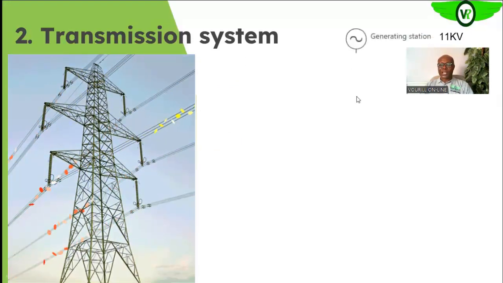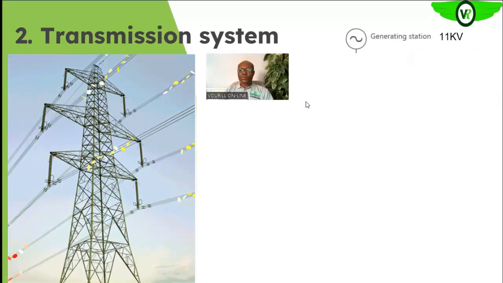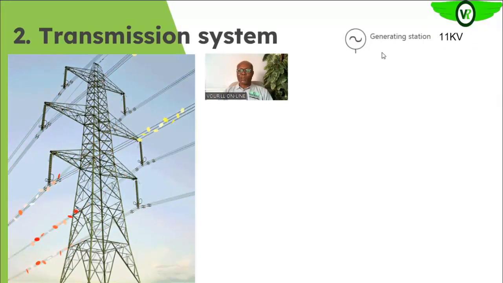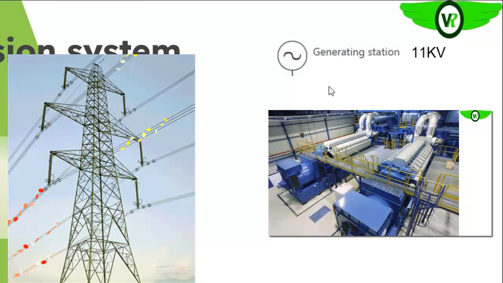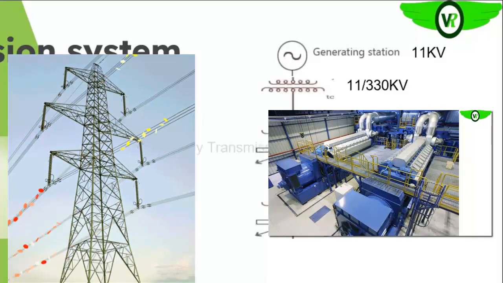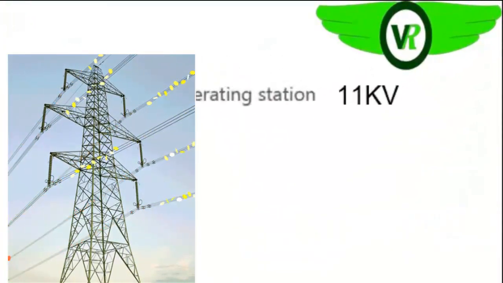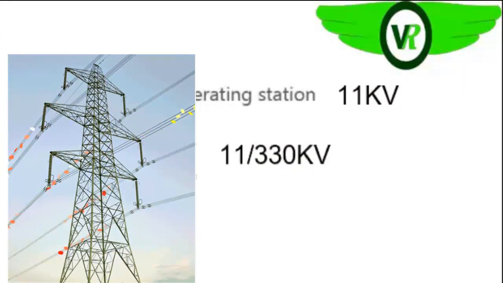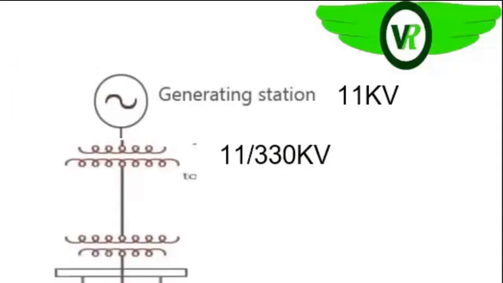transmission line, okay? So as you can see on your screen, remember our generation station is generating at about 11 kV. So we will need to move that to where it will be used. I would say we need a transmission line.